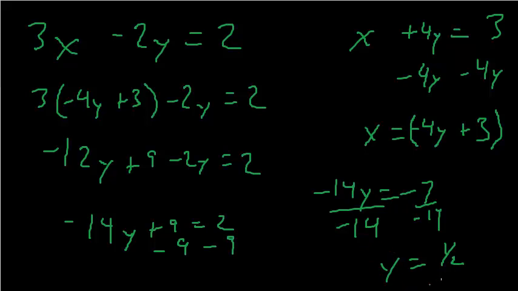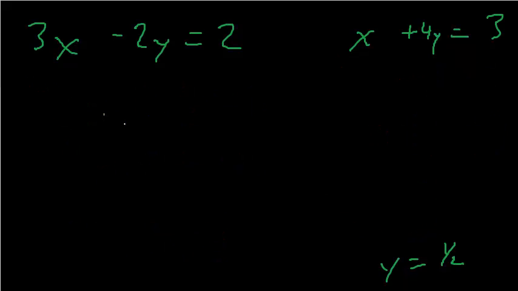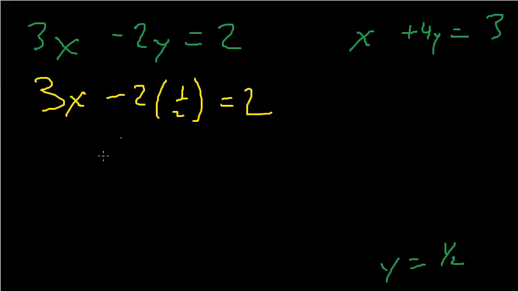So now I still need to take this solution, y equals 1/2, and plug it back into one of the original equations to solve for x. Let's go ahead and plug it into this first equation. I have 3x minus 2 times 1/2 is equal to 2, or 3x minus 1 is equal to 2.